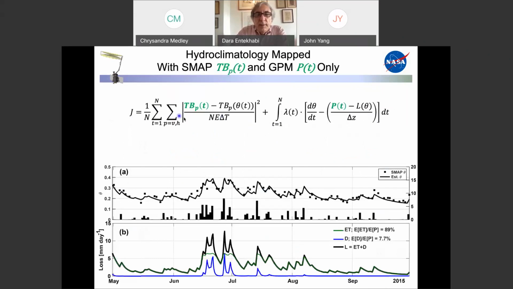We say fit the brightness temperature, which is the soil moisture essentially, and adjoin those loss functions in here and estimate A, B, C, and D. This is in a sense fitting a land surface model, but inverting it completely, saying that I'm not telling you what the precipitation and radiation fluxes are. I'm just telling you what the state variable dynamics are, and fit it the best you can using that A, B, C, and D.